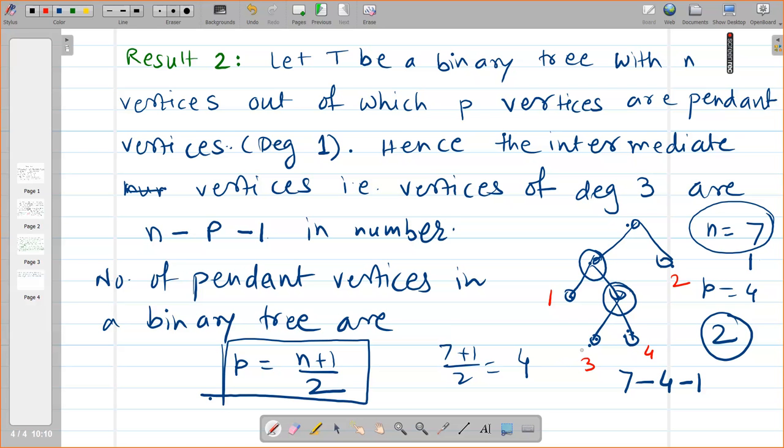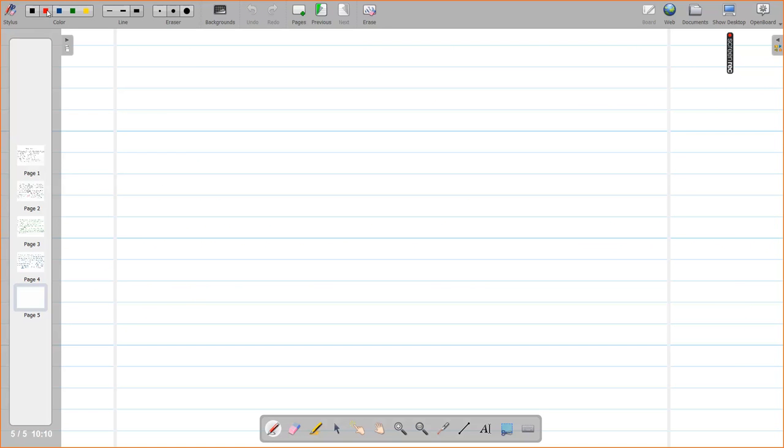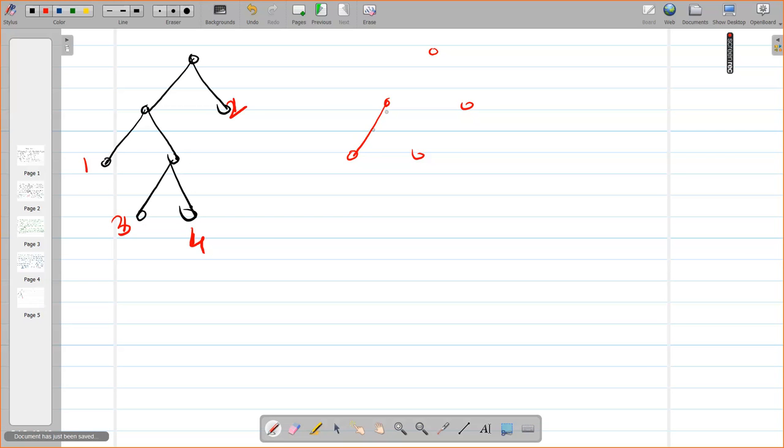You can try some other binary tree on 7 vertices. Compulsory नहीं है कि ऐसा ही हो हमेशा. देखो मैं एक और बाइनरी ट्री ड्रॉ करती हूँ 7 वर्टाइसेस पे. अभी जो मैंने ड्रॉ किया था वो ये था ना ये. ओके, तो इसमें ये वर्टेक्स डिग्री 1 का है, ये वर्टेक्स डिग्री 1 का है. There are 4 vertices of degree 1. अभी मैं दूसरा ट्री ड्रॉ करती हूँ, अलग ट्री ड्रॉ करती हूँ 7 वर्टाइसेस पे ही.